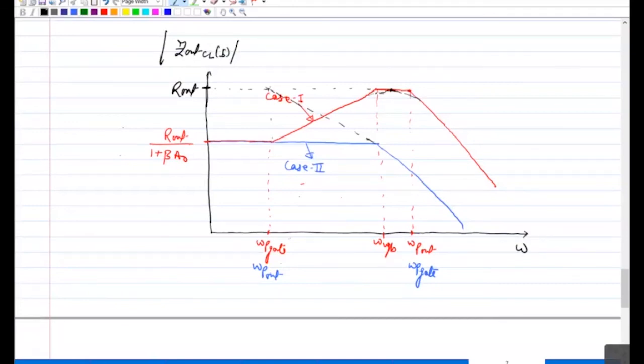Obviously at DC, the impedance is the same, and DC impedance is nothing but your load regulation. So when you change the load current in terms of DC, your output will remain pretty much constant because your R out is very small.